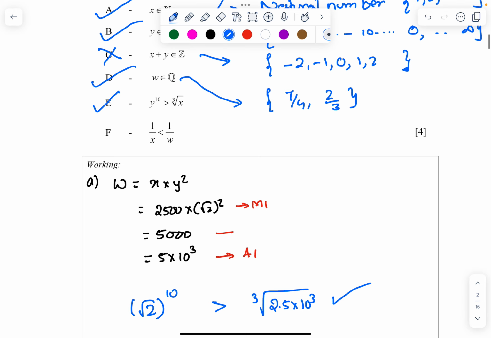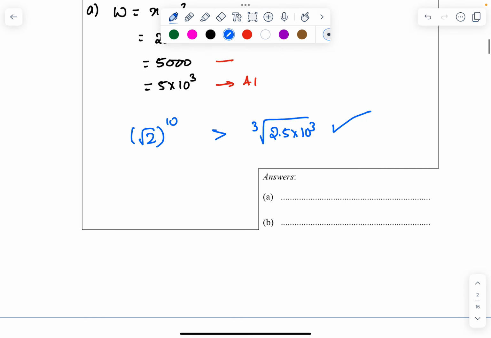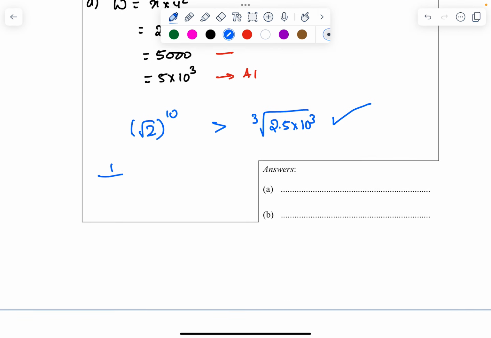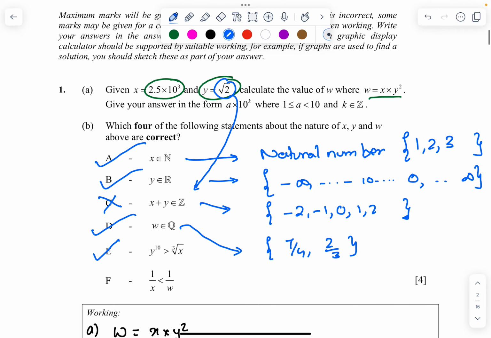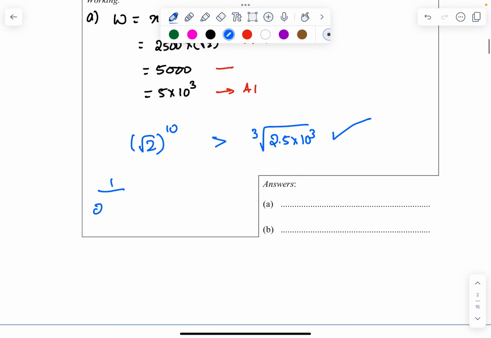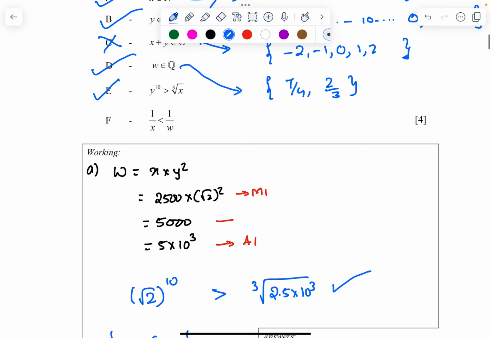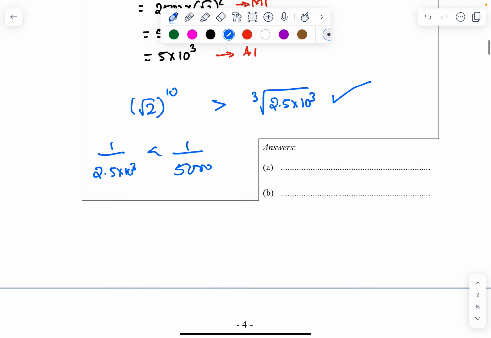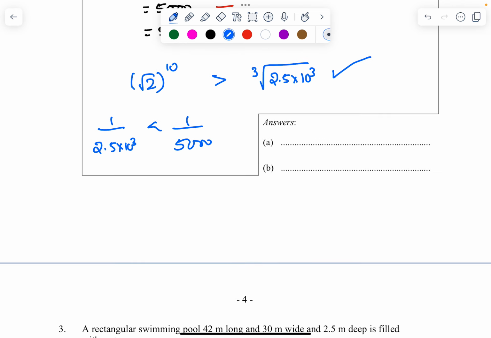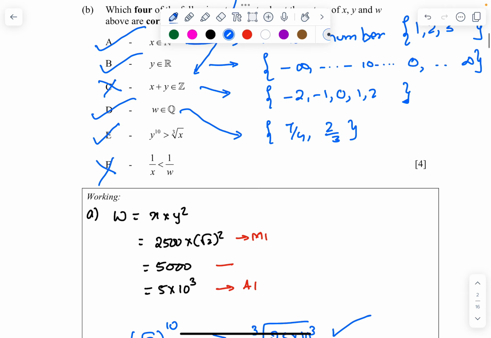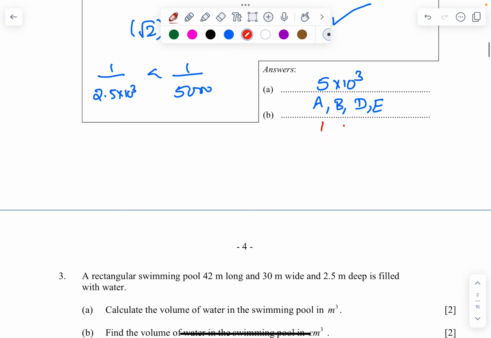You can check with the values. 1 by x is less than 1 by w: 1 upon x, which is 2.5 times 10 power 3, is less than 1 by w, 1 by 5000. You can check by the calculator, it is wrong. So the answers are 5 times 10 power 3, and A, B, D, E are correct. You can see that it is 4 marks, so therefore 1 mark for each.